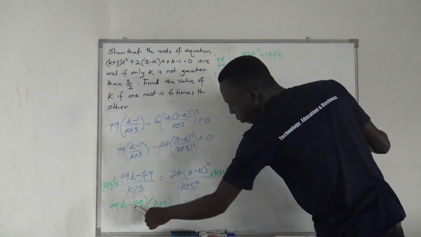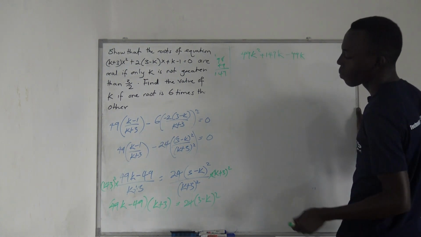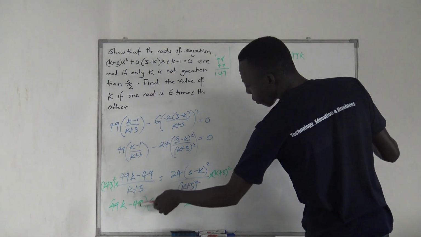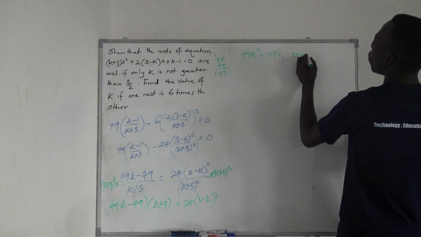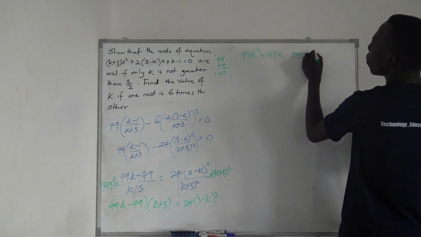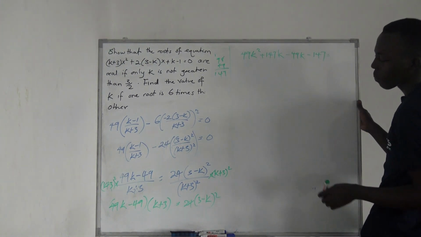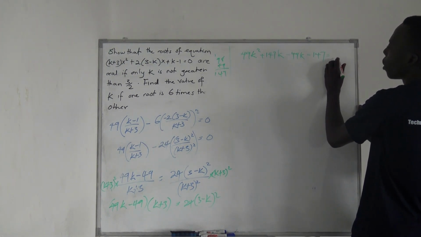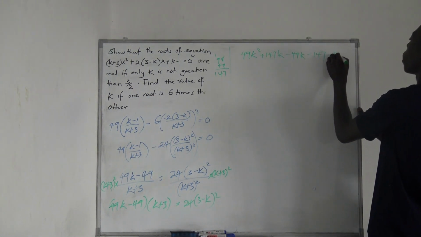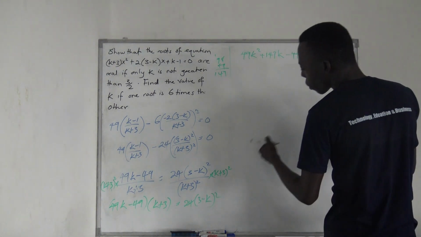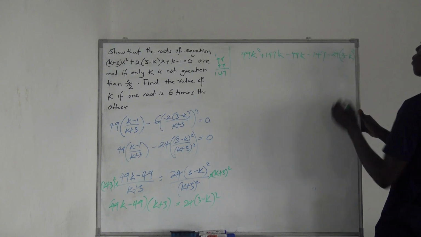Now this one times this is minus 49k, and this one times that is minus 147. Now this one, 24 into, you have also to expand this one, but I will first leave it, that is k, the whole thing squared.